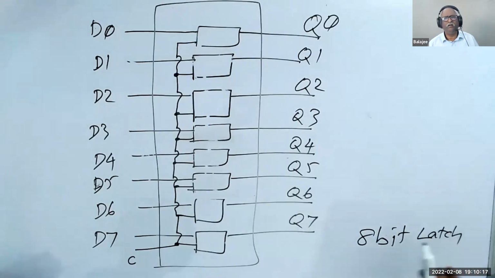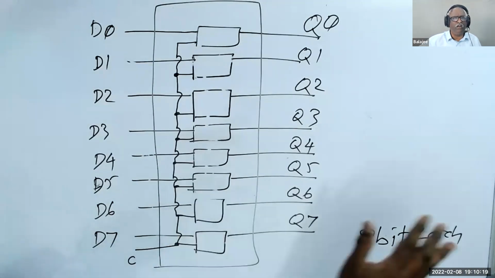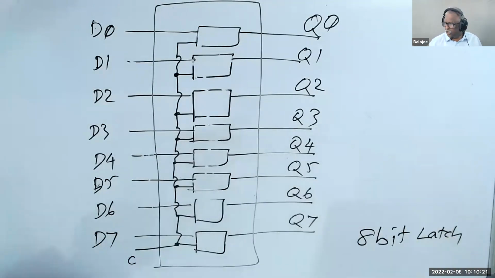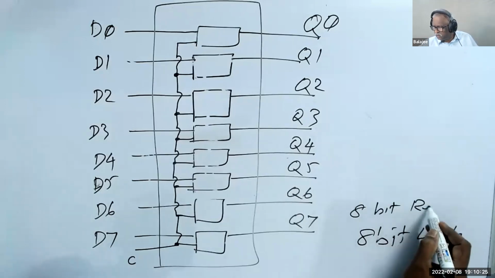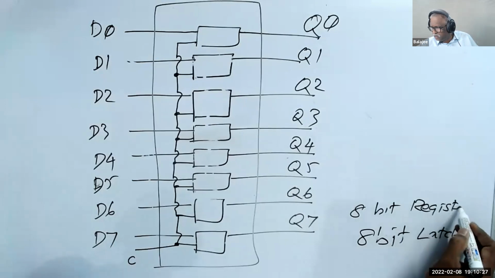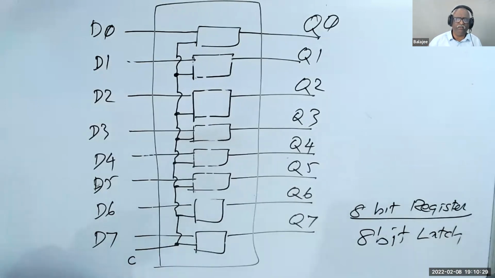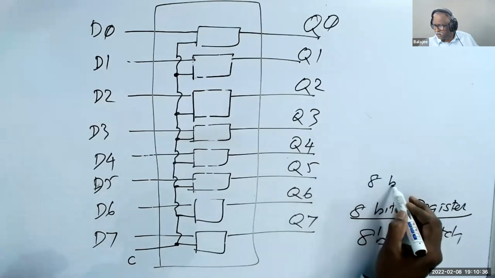Don't get confused with RS latch. This is an 8-bit latch, or this is called an 8-bit register. You can call it anything. Depending on the application, they call them different names. Or you may call it an 8-bit D flip-flop.